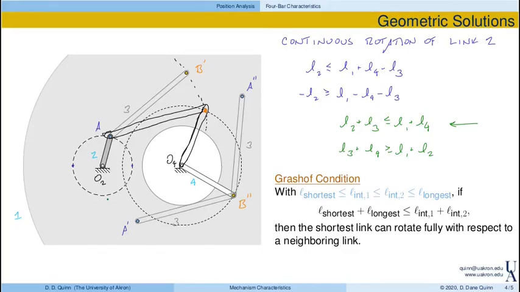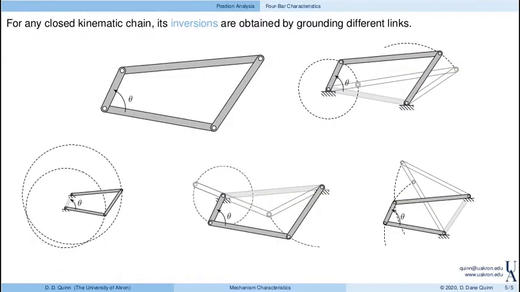Now, if, say, you had a linkage with 4 being the longest, or maybe 2 being the longest, or some other ordering, Grashoff's condition always works as long as you identify the shortest and longest links. So now we can generate inversions for 4-bar linkages as well.